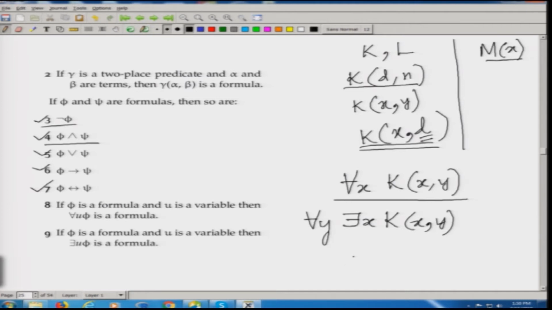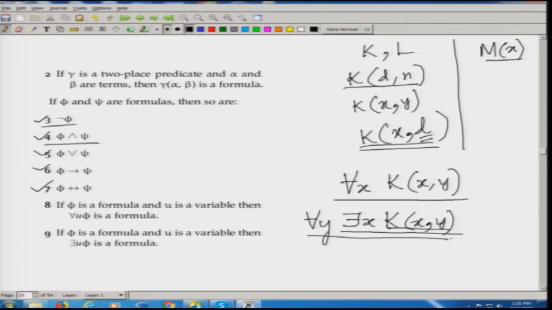So this first is a formula, and because this is a formula, this too is a formula. So we can have all these varieties by using the syntactic rules we have here.